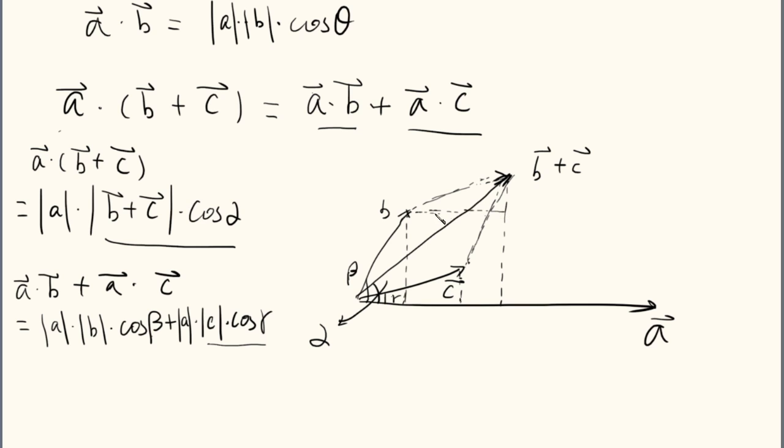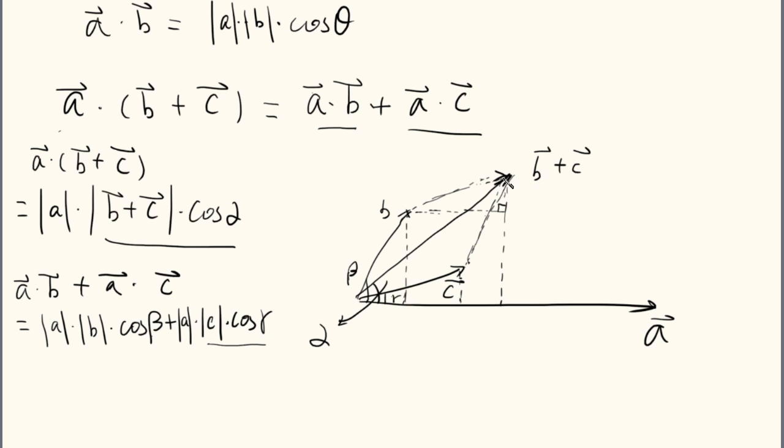Make this line parallel to vector A. So this is the rectangle. So this line is equal to this line. This line is perpendicular to this. This is parallel to vector A.